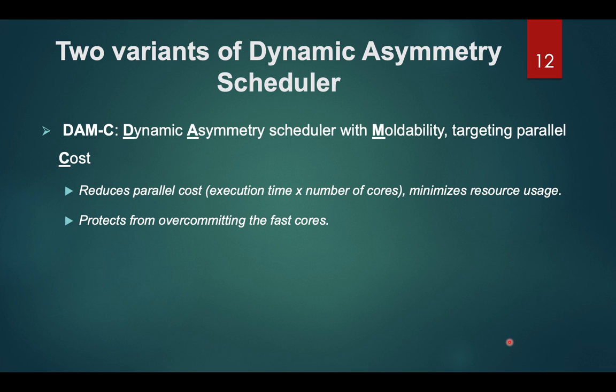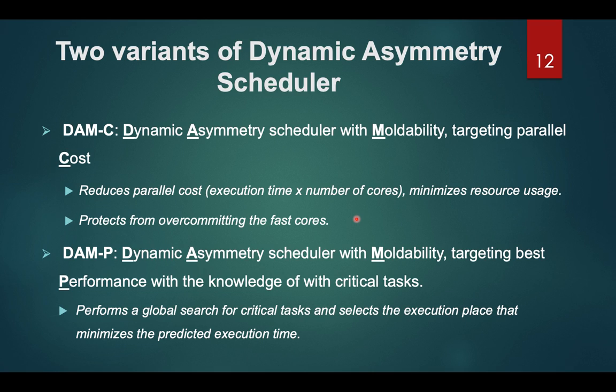We have two variants of Dynamic Asymmetry Scheduler. First is DAMC, which is a Dynamic Asymmetry Scheduler with moldability and targets parallel cost, which is the product of execution time and the number of cores. This variant basically targets to reduce parallel cost and minimize the resource usage, and it protects from overcommitting the fast cores in the heterogeneous platforms.